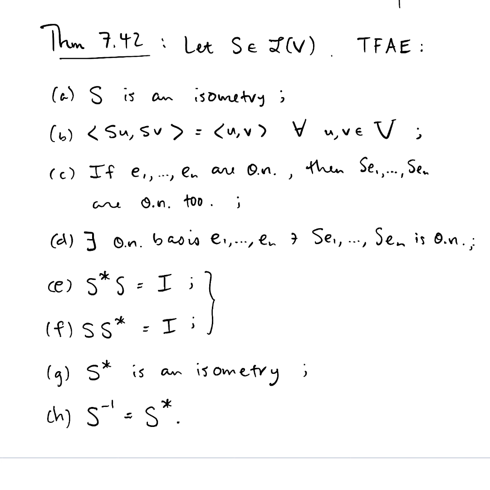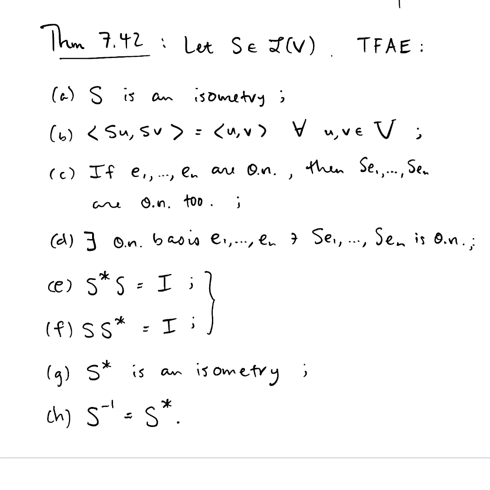We want to prove the theorem. So the route to proving the theorem is going to be sort of our classic A implies B implies C implies D implies E implies F implies G implies H implies back to A. And so then all of those things will imply each other. This is going to be a two-part discussion.